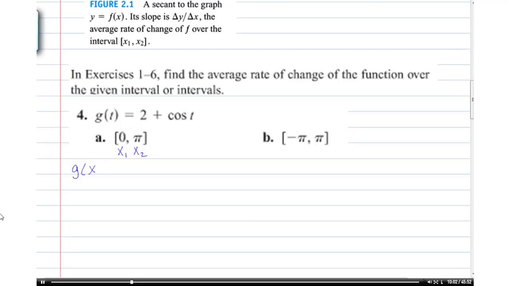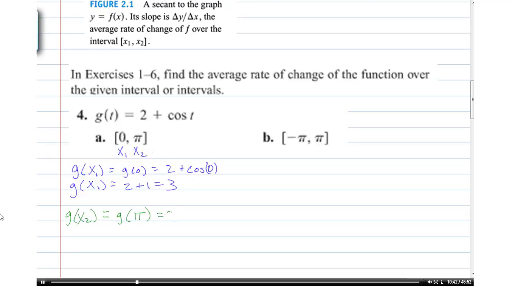g of x1 is going to be g of 0. Well, that's 2 plus cosine 0. And what's cosine 0? Cosine 0 is 1. So g of x1 is 3. g of x2 is going to be g of pi, because this right here is x2, where the pi is.